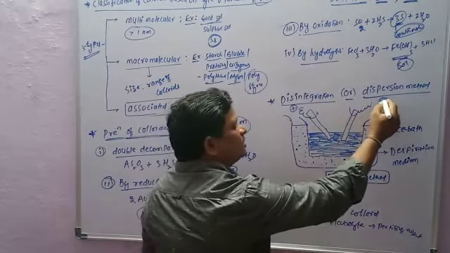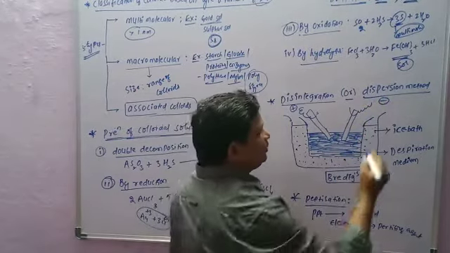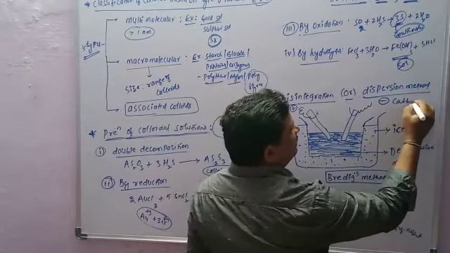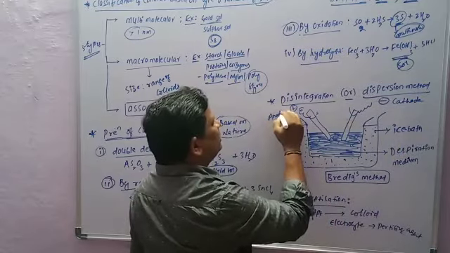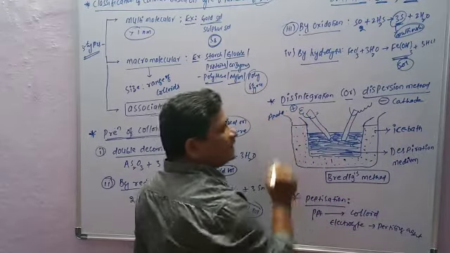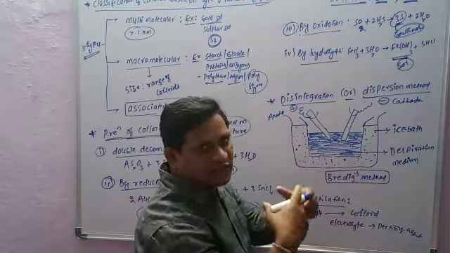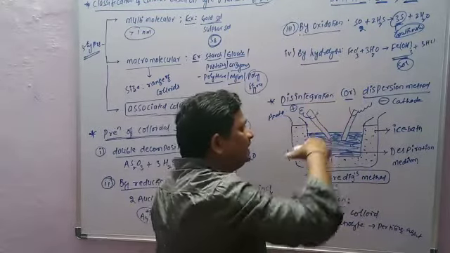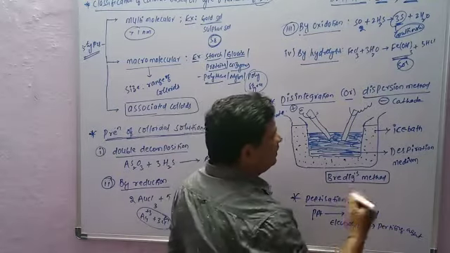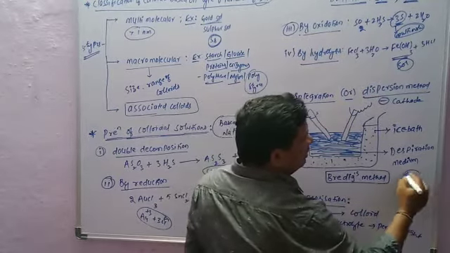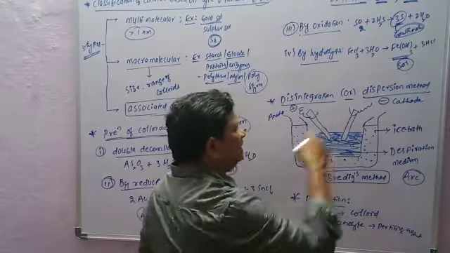One is the negative electrode, the cathode, and the positive electrode is the anode. Then the two electrodes are connected to a battery and electricity is passed. An electric arc is produced in this vessel.